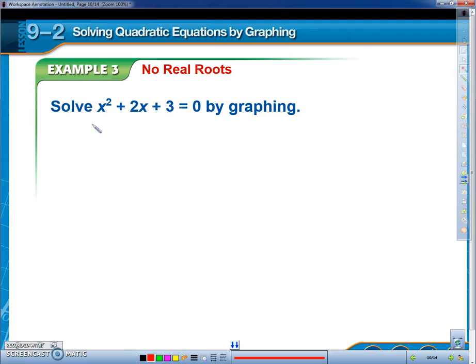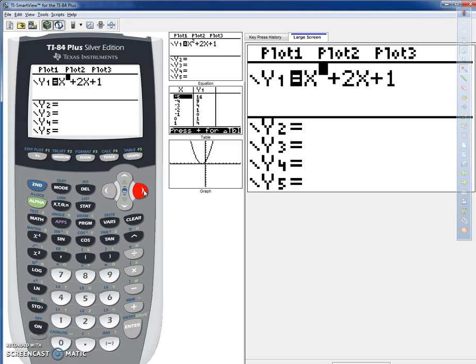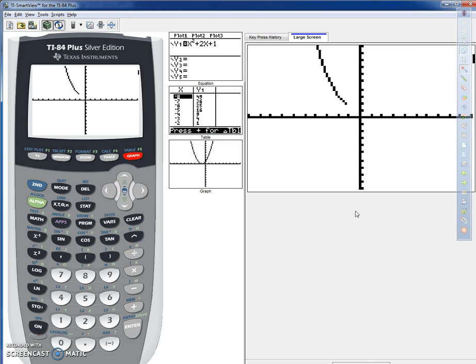All right, let's graph this one and take a look at it. X squared plus 2x plus 3. So if we graph this now, where does it cross the x-axis?